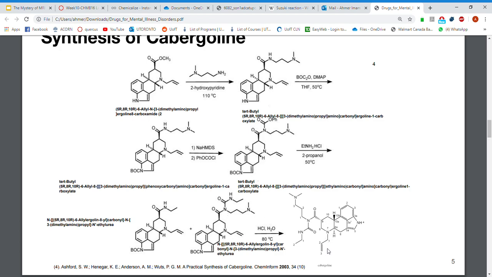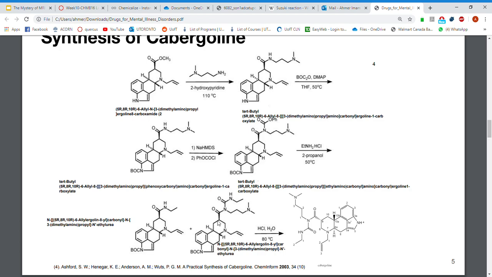Look at cabergoline and look at the arrow, HCl, H2O, 80 degrees Celsius. The thing right next to the arrow, 5R, 8R, 10R, 6-allylergoline. What would happen if I just stopped it right there? Basically, what's the difference between cabergoline and 5R, 8R, 10R? They differ by the butyl.